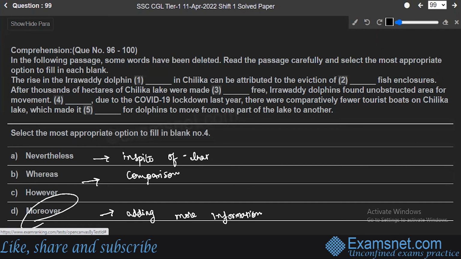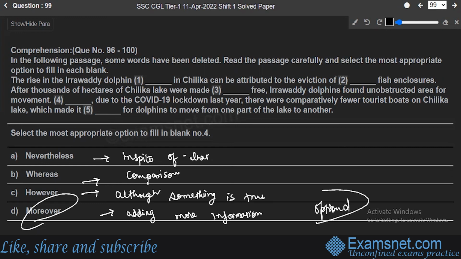However is used when you're adding a comment to what you have already said, something like, although something is true, but still. Okay. So option D, moreover, is the correct answer for this question. Hope you are clear with this.